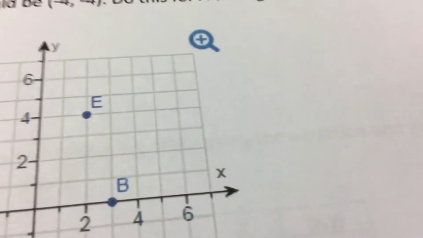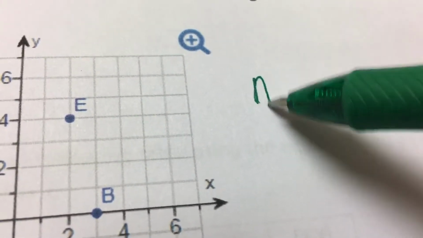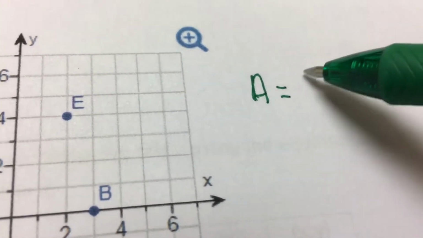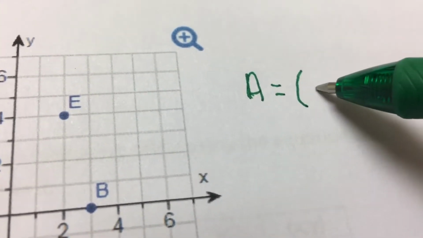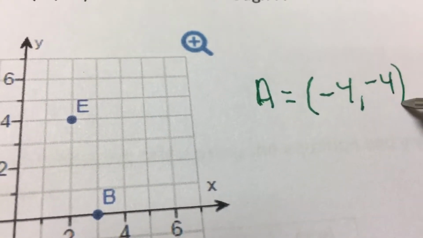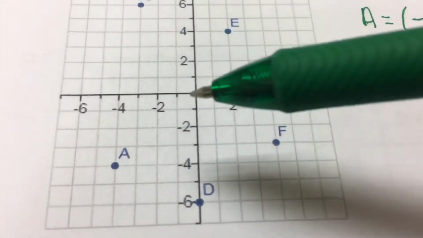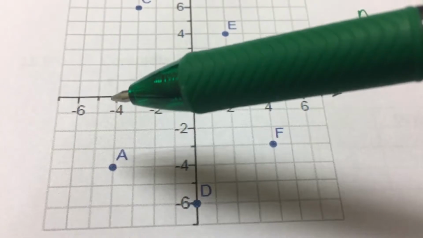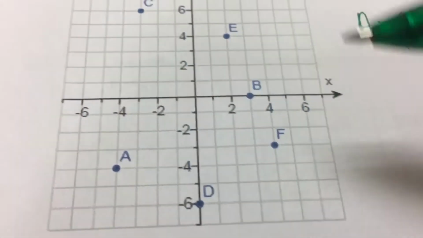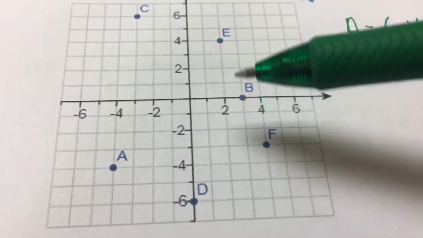So on my paper, I'm going to write A equals, and in parentheses, because you have to write an ordered pair, -4, comma, -4, and close parentheses. You're going to do this for each one of these. But remember, you always do your X value first, go over, and then up or down. Right or left, up or down. So, if I was doing E, I would go over 2, up 4. So 2, 4. That's your ordered pair.